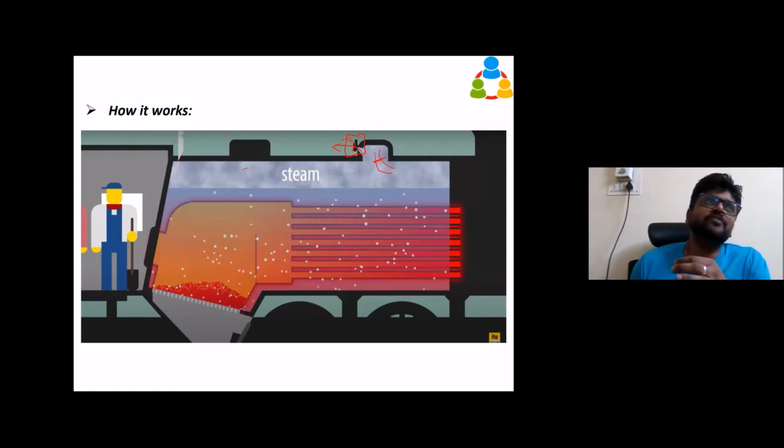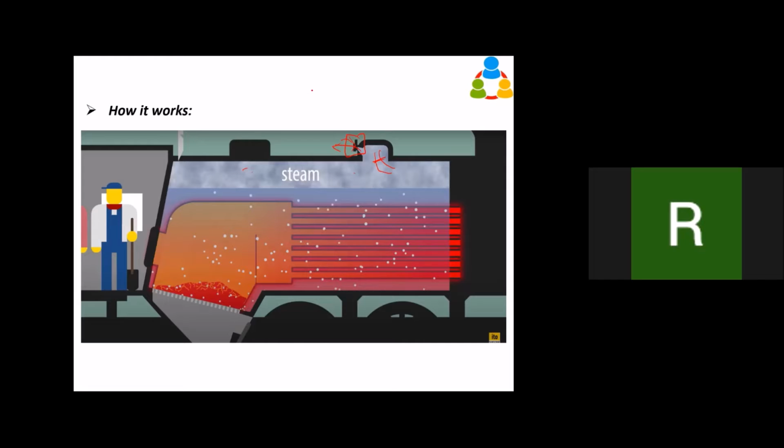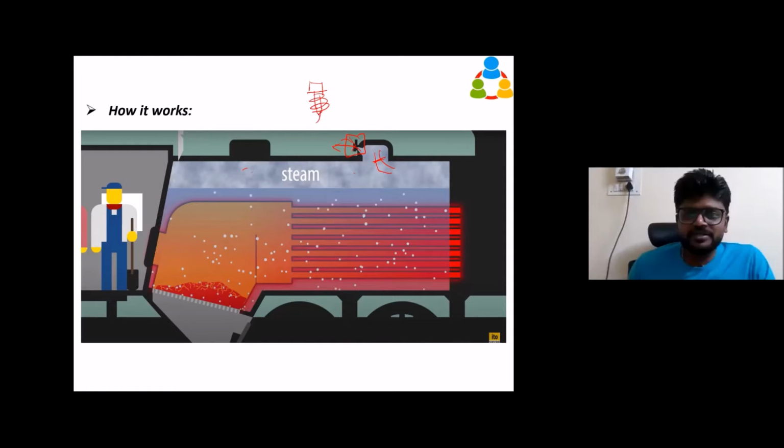But the valve will be somewhat complicated. The design of the valve is spring loaded, like one button will be there, spring loaded. When the pressure builds up here, it's going to compress it.